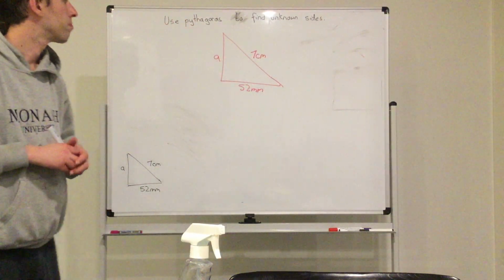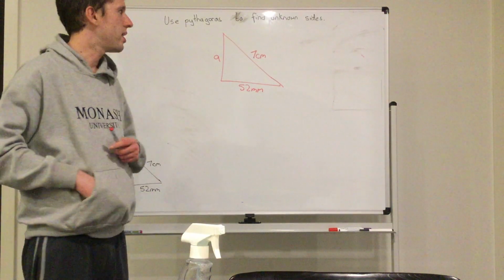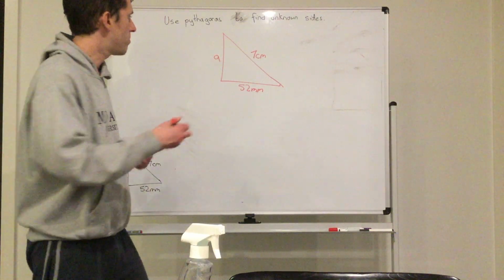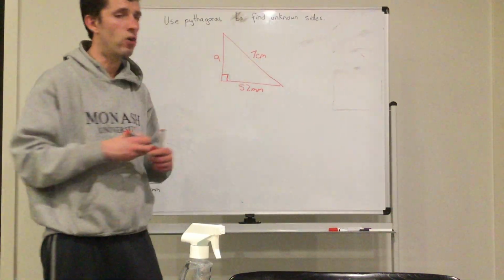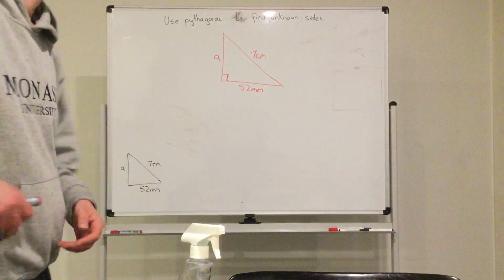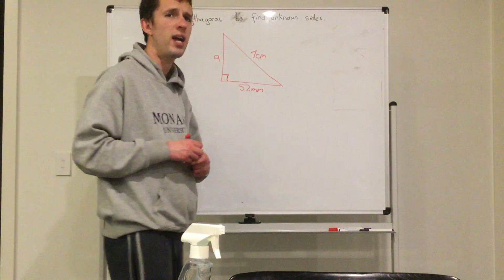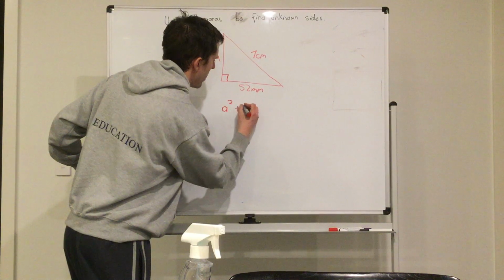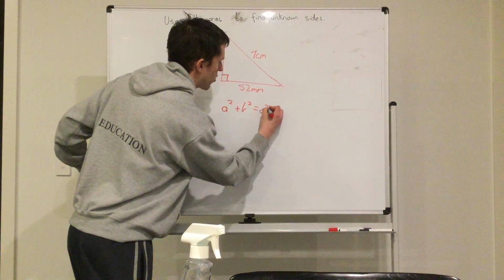Okay, so the first thing I look at is I need to be using Pythagoras theorem to work out this because it is a right angled triangle. So I'm going to write my equation down. That's the first thing you should always do. A squared plus B squared equals C squared.